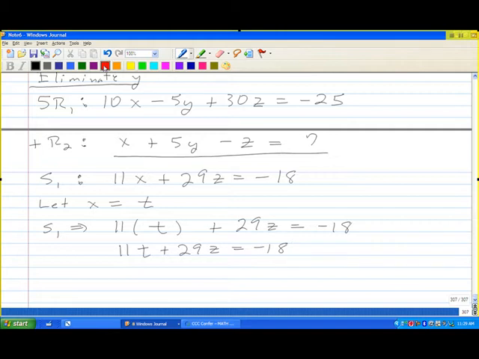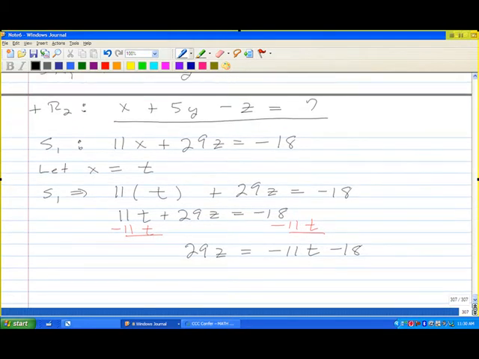Subtract 11t from both sides of my equation to solve for z. So I get 29z equals negative 11t minus 18.